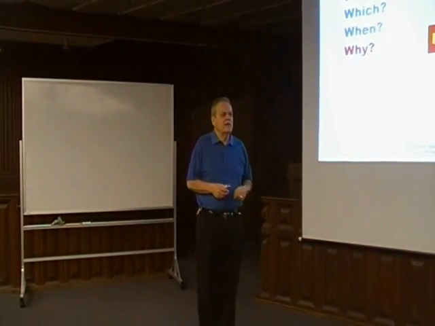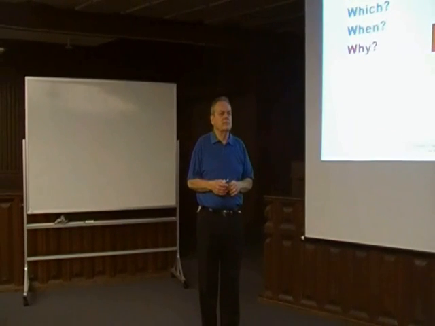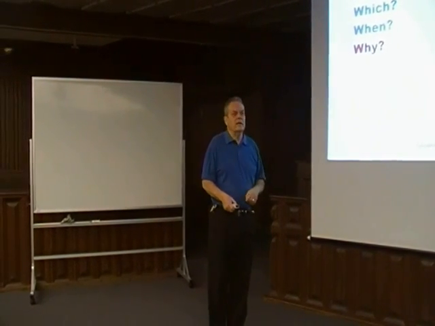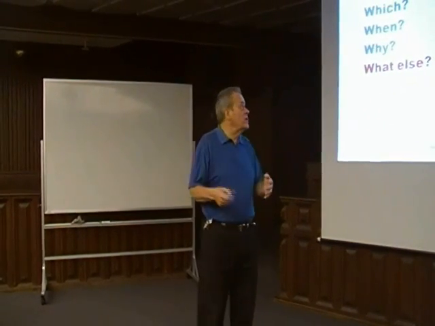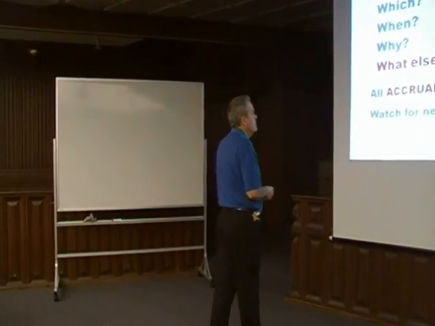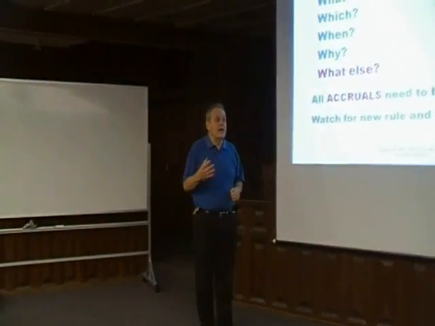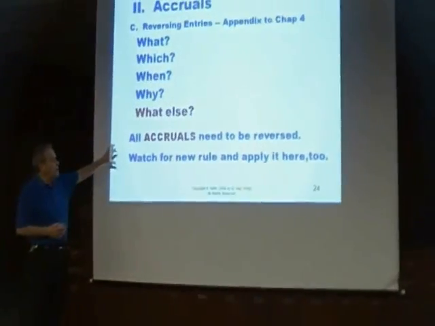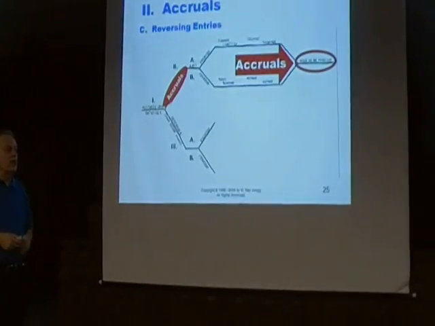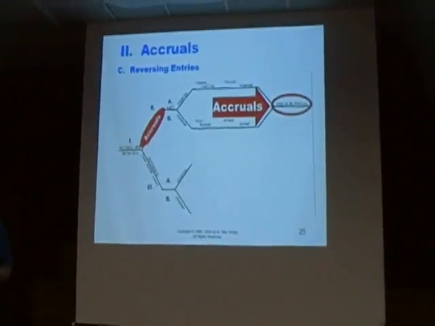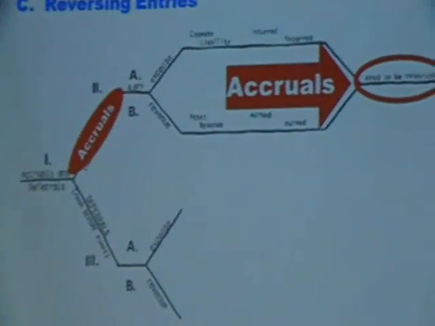When do we do it? On the first day of the new year. And why do we do it? Because we're going to be better off. We're going to learn a lot more about this all through the day and all through the week. For now, all accruals need to be reversed. We're going to learn a new rule that applies to these circumstances as well.